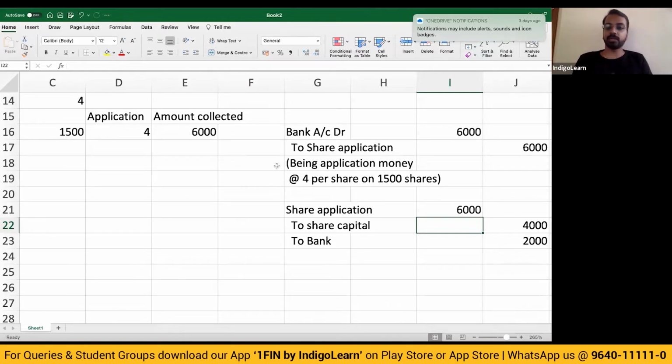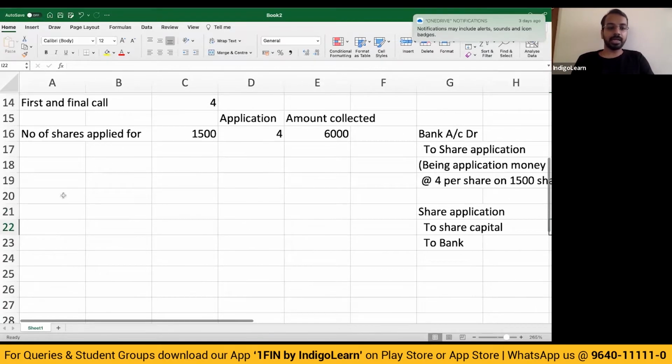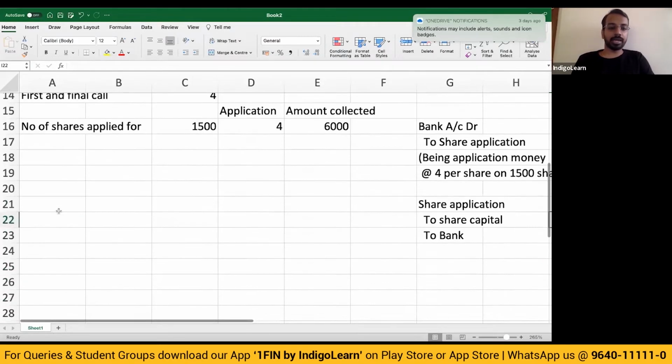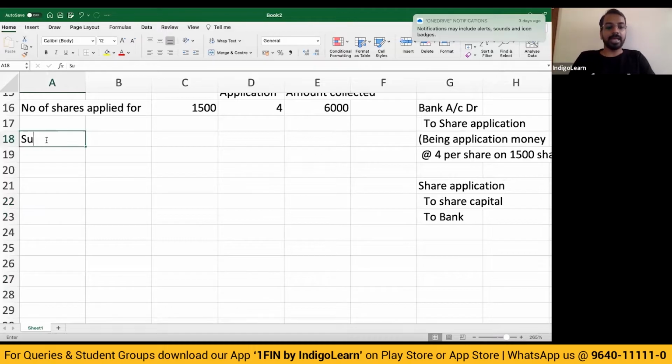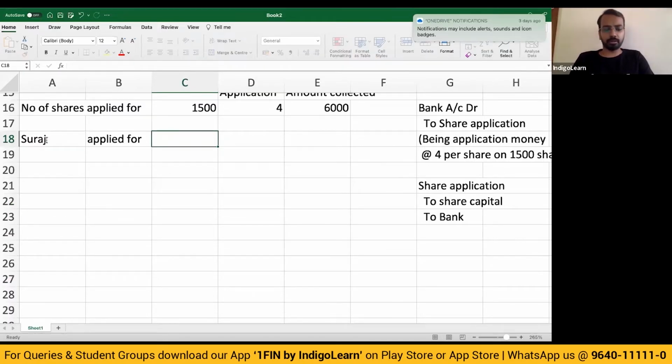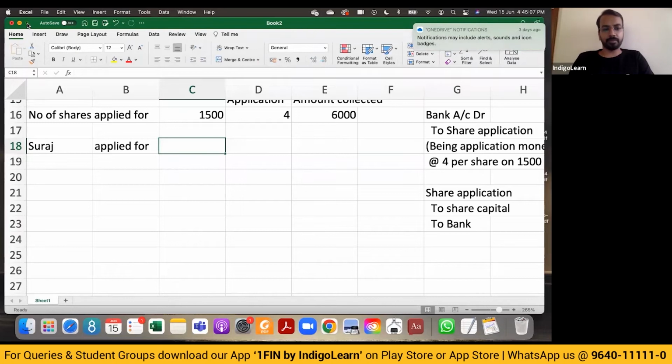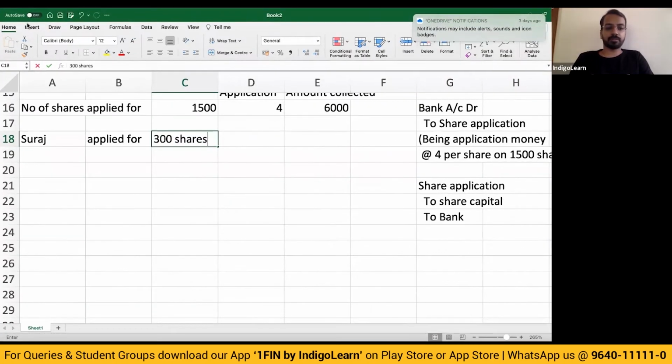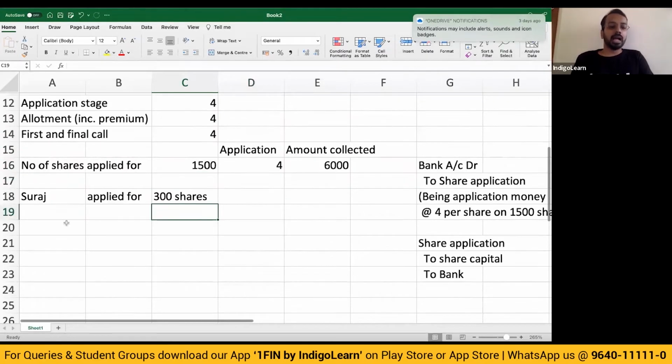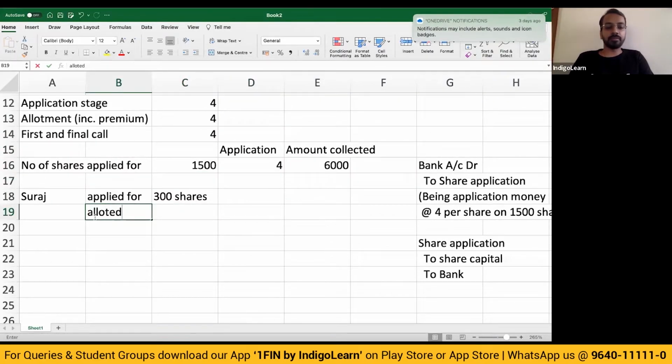Now, before we get into that step, please understand, if someone has applied for, let us say, Suraj has applied for 200, that will be difficult to divide. So let me say 300 shares. If I apply for 300 shares, how many shares will I be allotted?